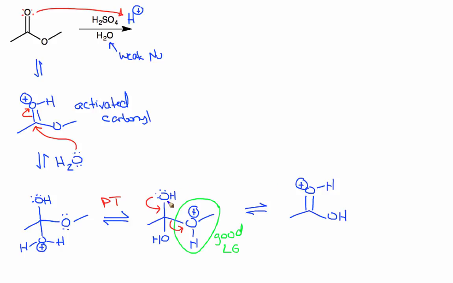Okay, when we do that, we form 3 bonds to this oxygen, so it gets a positive charge, and then we just lose methanol. Okay, so now we can just use a weak base that's in solution. I'll just use water.